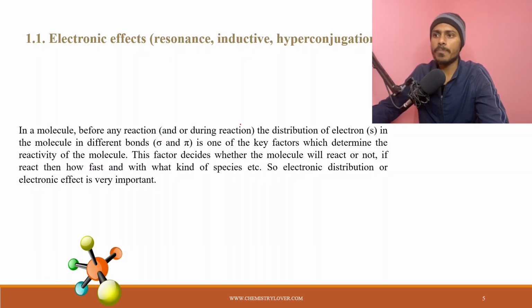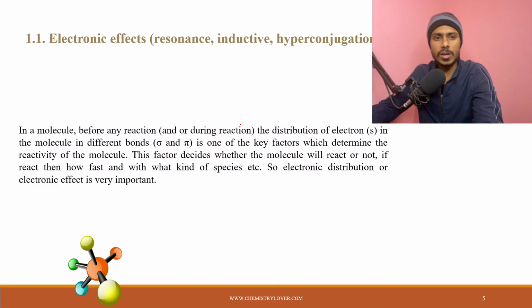Whether a reaction will happen or not, and if it occurs, how fast it will happen, what the mechanism of the reaction will be, what the reactivity of a certain compound will be, that is highly dependent on the electronic distribution and the electronic effect in the starting material, and more precisely the electronic distribution in the bonds which are included in the reaction. And we are talking about sigma and pi bonds. Those are the main things about electronic effects.